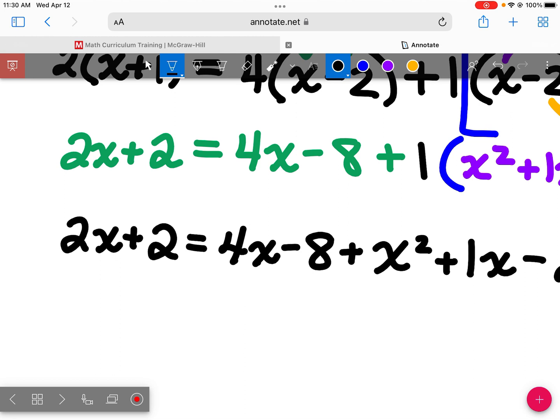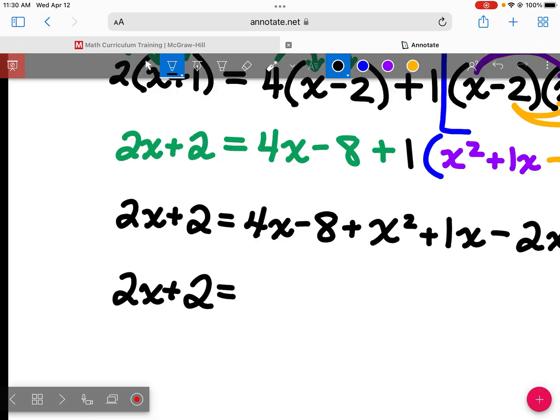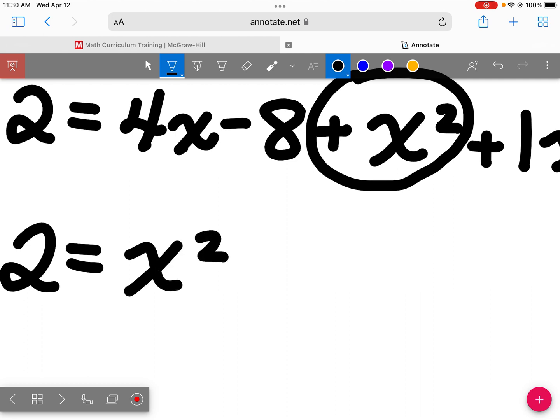Are there any like terms to combine? Let's combine them. What's the highest power of x here? X squared. So I'm going to move this. That's a positive x squared, right? I'm going to put that at the front. X squared. Plus 1x.